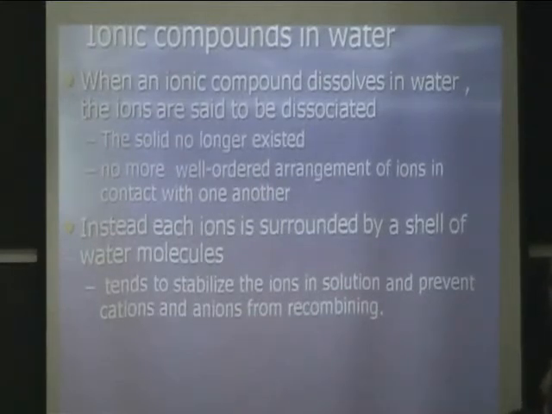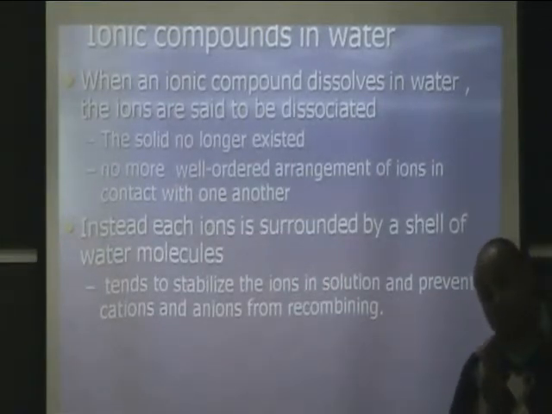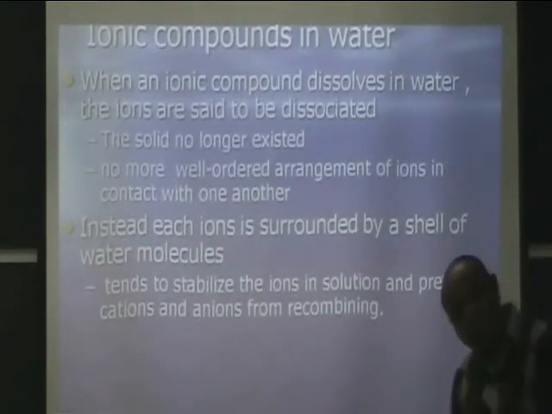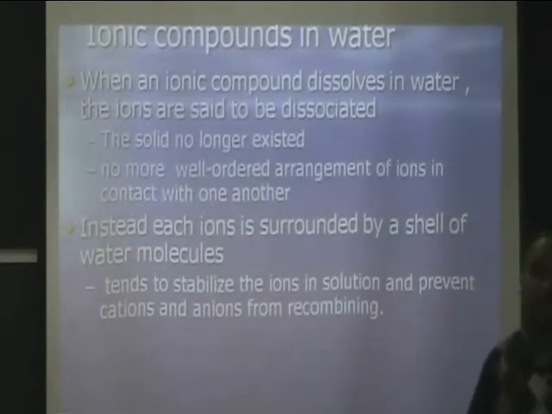One of the definitions is that if a substance is completely dissociated, 100% dissociation, that is a strong electrolyte. If a substance is partially dissociated, that is a weak electrolyte. So it's a matter of dissociation. Some ions are completely dissociated, some partially dissociated.